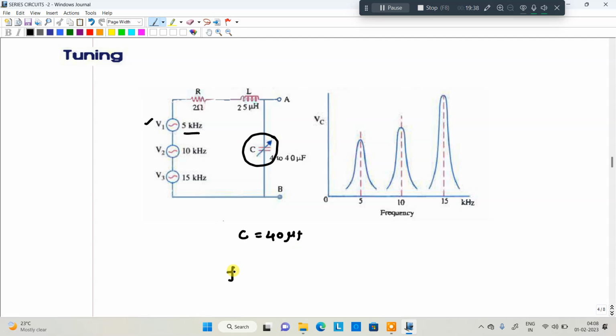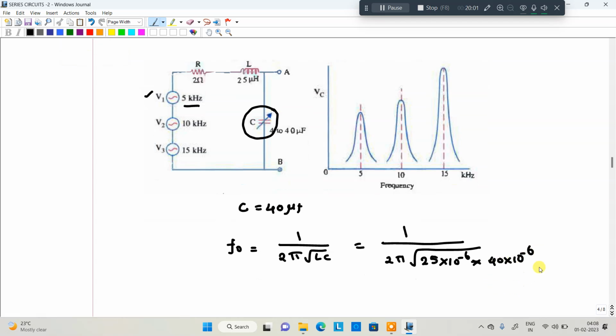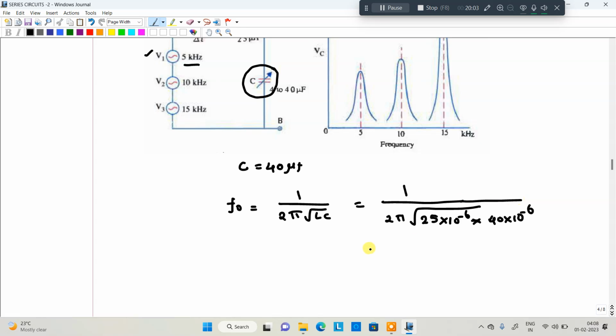The tuning frequency F0 is equal to 1 by 2 pi root LC. We can substitute all the values: 2 pi root, L is 25 microhenry, 10 power minus 6, into C, 40 into 10 power minus 6, then you will get 5 kilohertz.